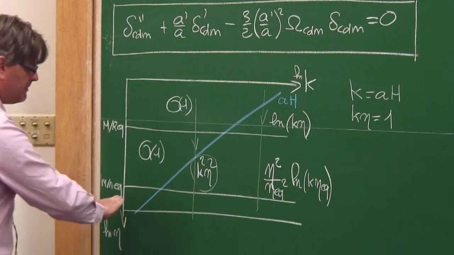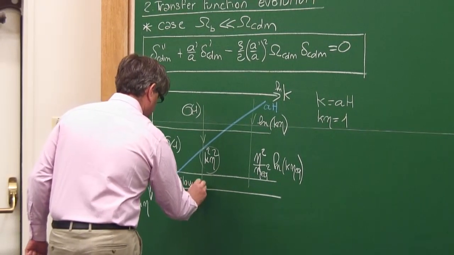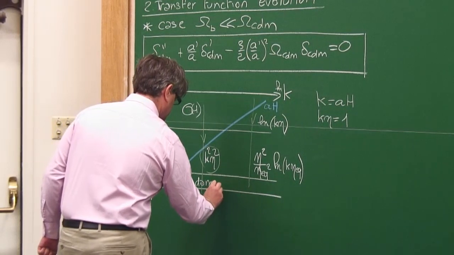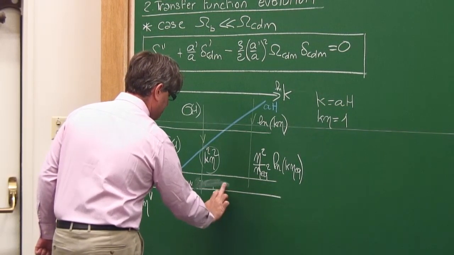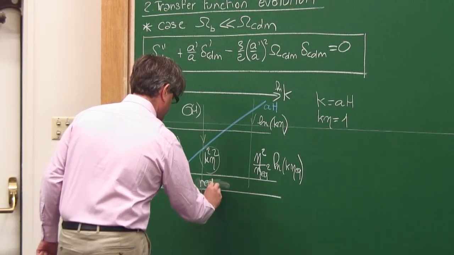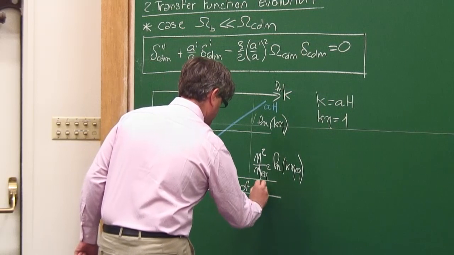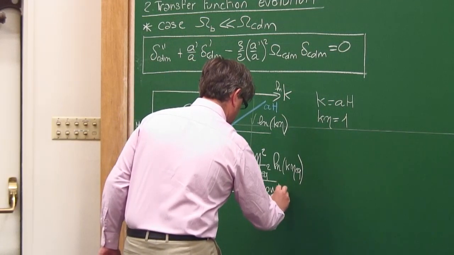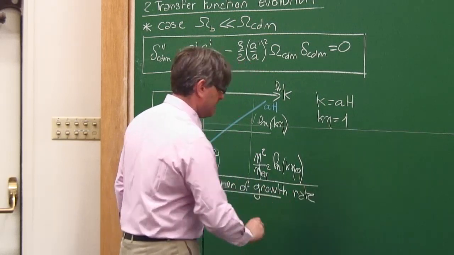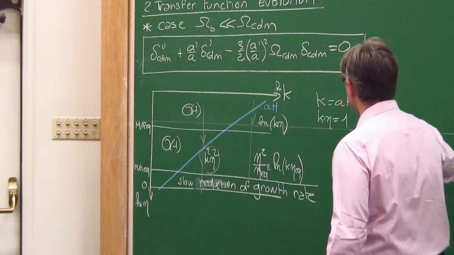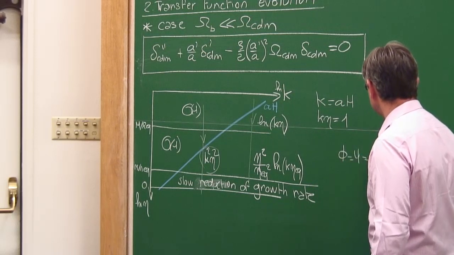And then during lambda domination, there is a slow reduction of the growth rate of matter. Why? We gave the reason. We said that during matter domination, phi and psi are constants.